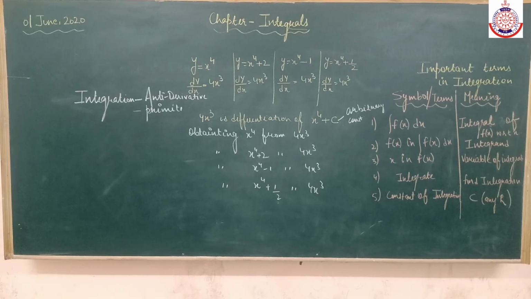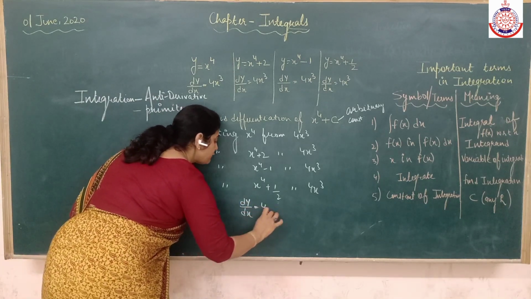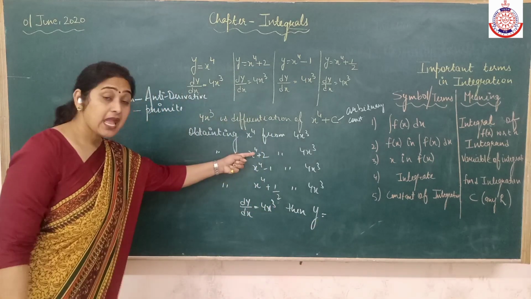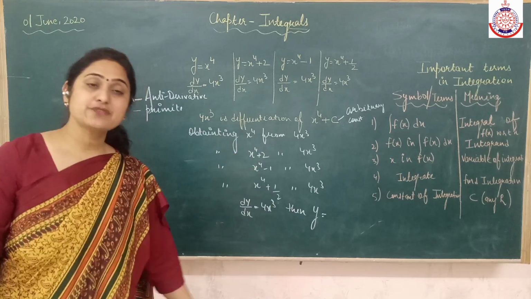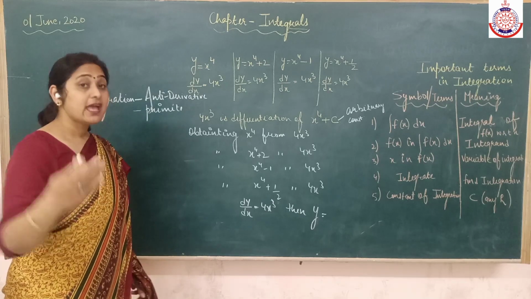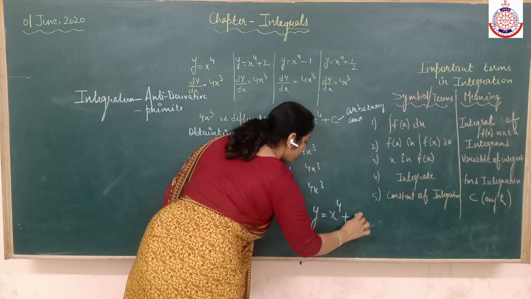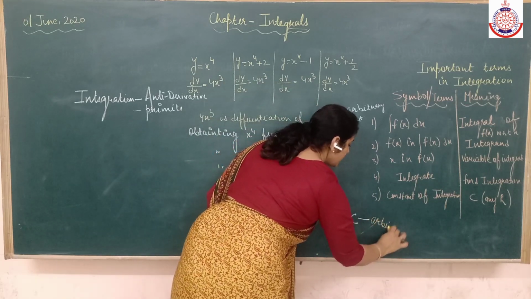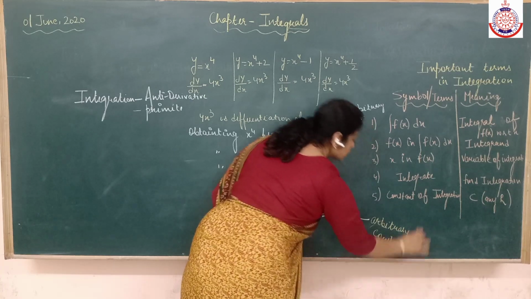Alright, now if dy upon dx is 4x cube, then y can be any one of these. It can be x raised to power 4, x raised to power 4 plus 2, x raised to power 4 minus 4, and many more. If I generalize, y can be x raised to power 4 plus c, and as I told you earlier, this is called an arbitrary constant, which keeps changing.